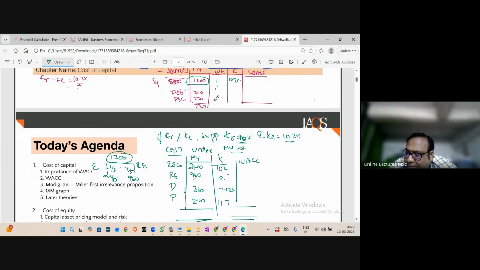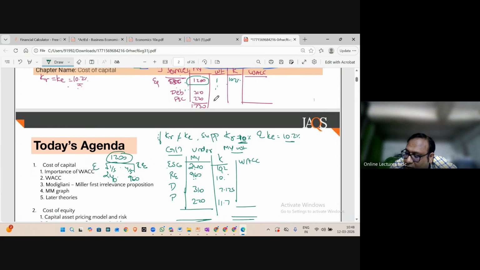Bhavani ji, just remind me, we are done with this example, so next time I'll proceed ahead. 1200 plus 310 plus 220 gives 1730.